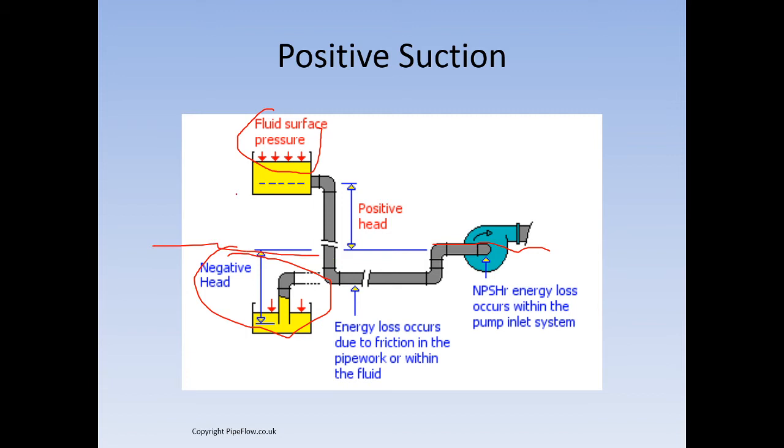Because if it is above the center line, the suction will generate more pressure. Because of the difference of height, the potential energy of height presses the pump, so it creates more static pressure at suction compared to negative.